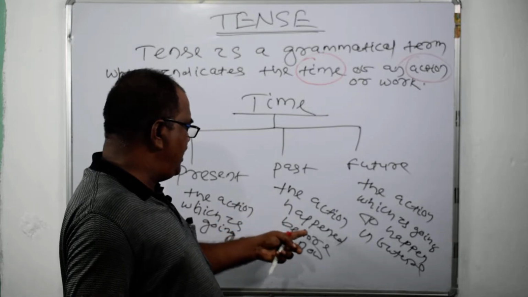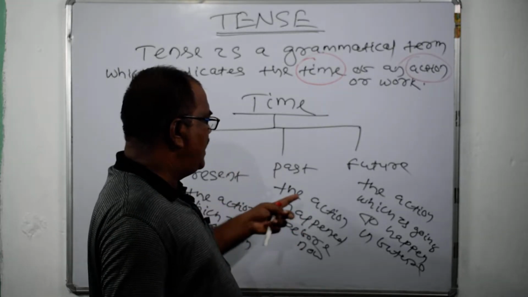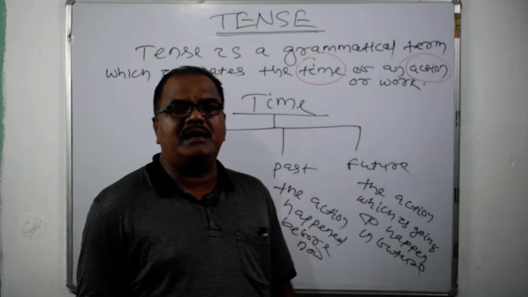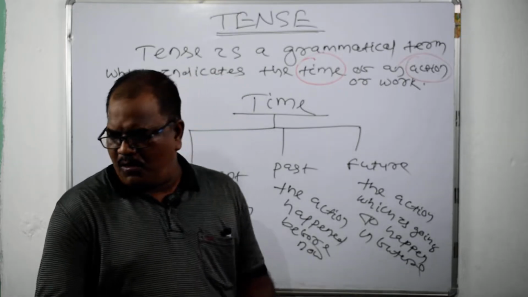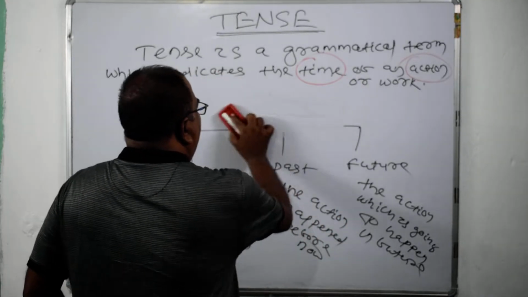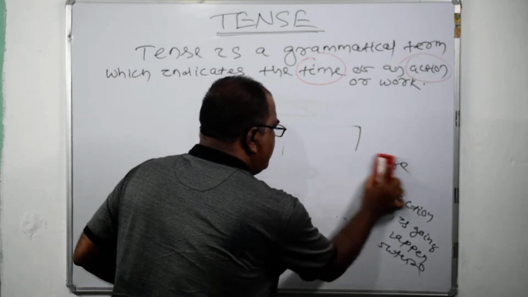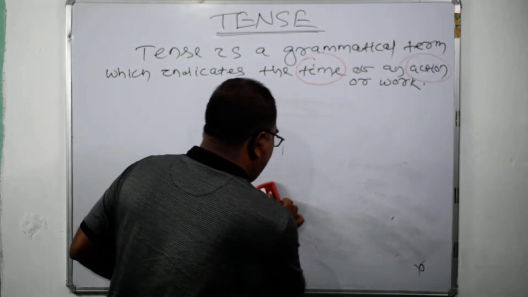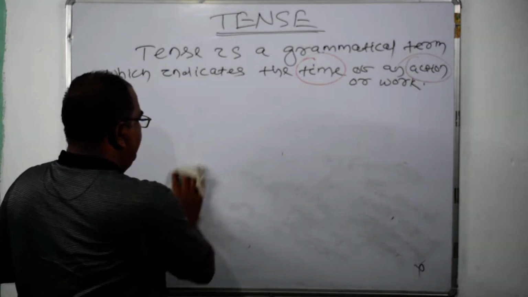The action that happened before now is expressed through past time, and the action which is going to happen in future is expressed through future time. Therefore, time is of three kinds: present time, past time and future time.